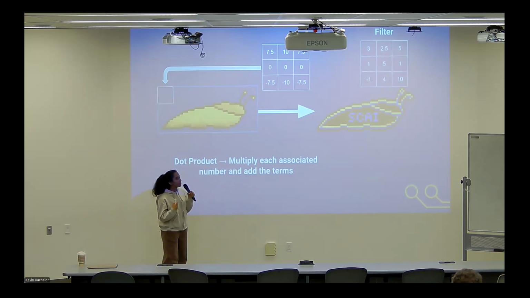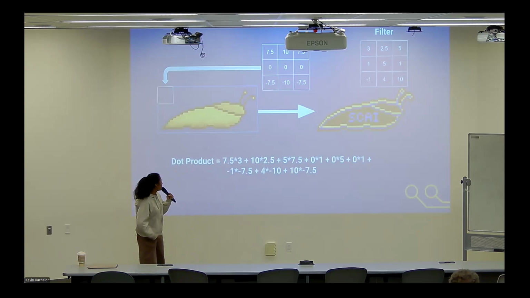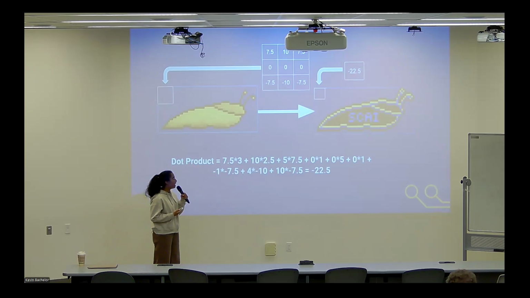Then you'd add that to 7.5 times 5, and on and on and on. So I just calculated the dot product for you guys. If you just math it all out, you're going to get negative 22.5. And that's just the new value of your new convolved image.